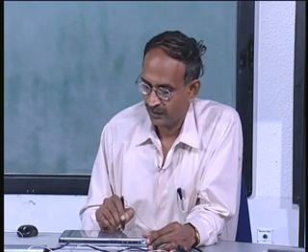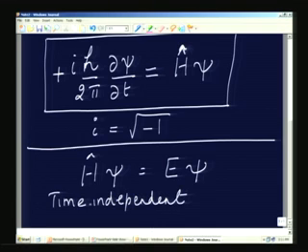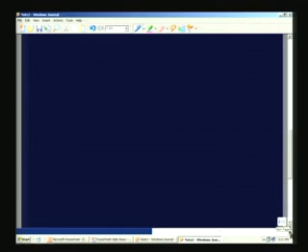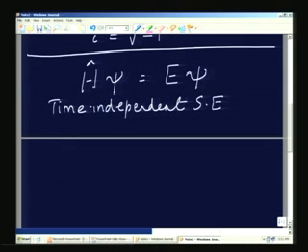The second, H psi is equal to E psi, is known as the time independent Schrödinger equation. Let me go back. What is H? What is psi? What is E? We will come to know all these things.